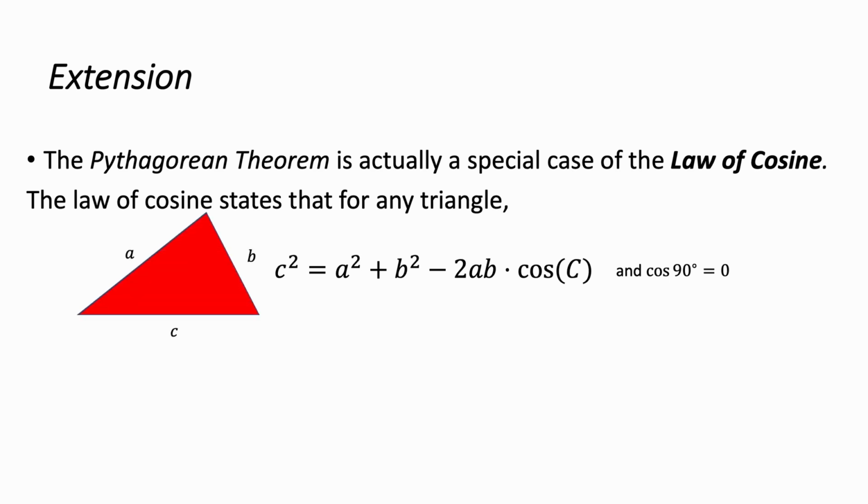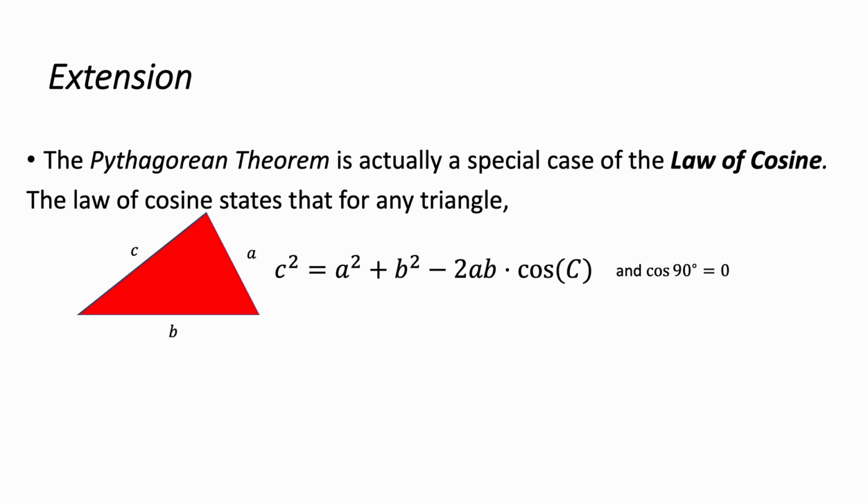Also, this is a visualization of this, that a, b, and c fit this identity. This requires a little bit of trigonometry, but it is far more utilized than the Pythagorean theorem, and the law of cosines is actually very important in later math.